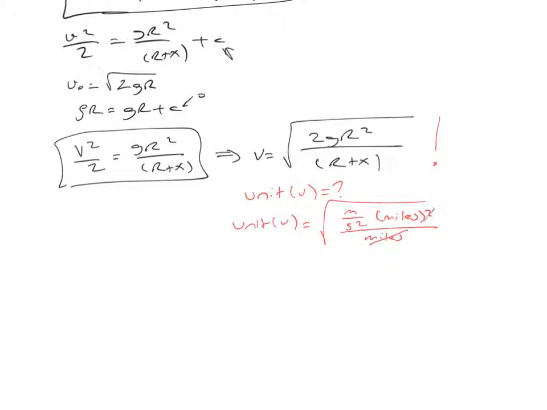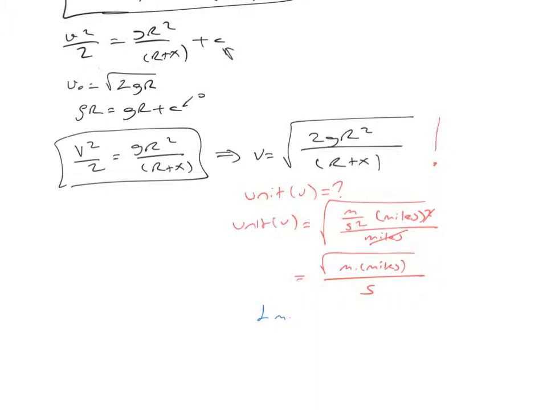There will be a cancellation here, and the unit of v is equal to the square root of meter times miles over second. And as you see, the unit of velocity is neither meter per second nor mile per second here. But since we are dealing with big distances in this question, it will be wise to choose the unit of velocity as miles per second.